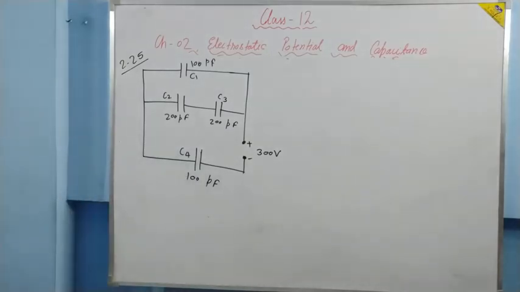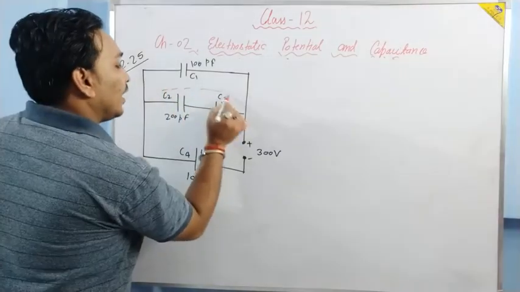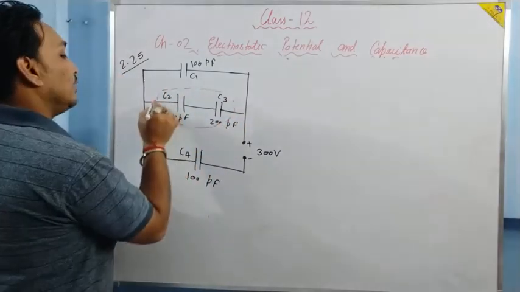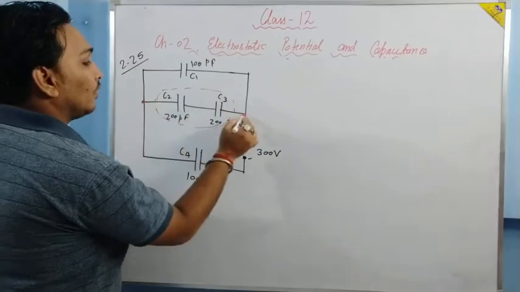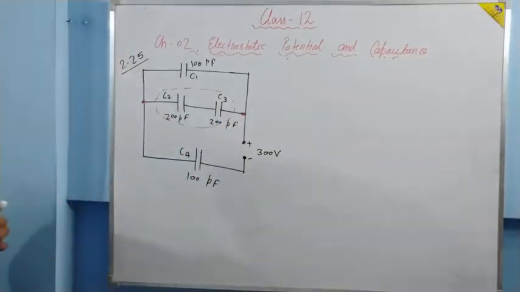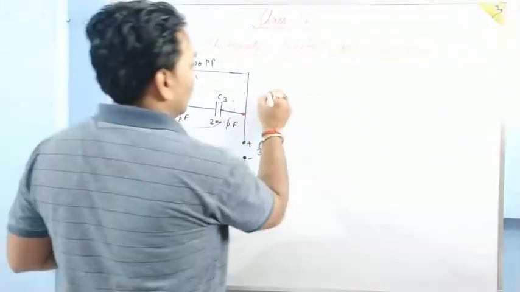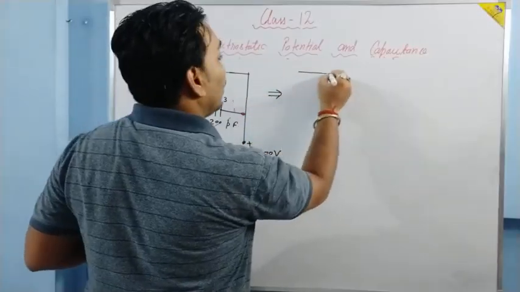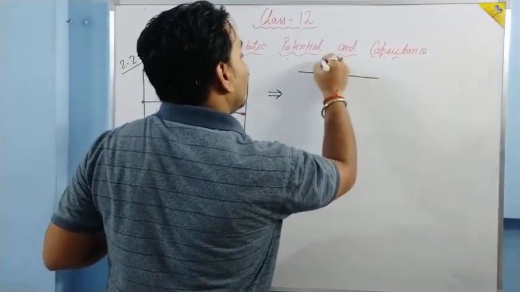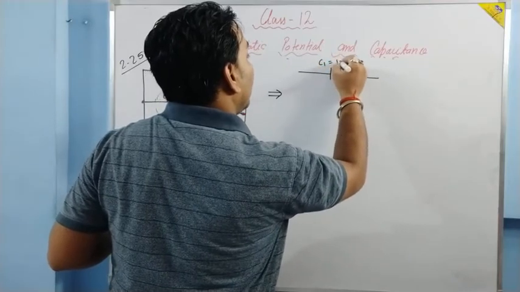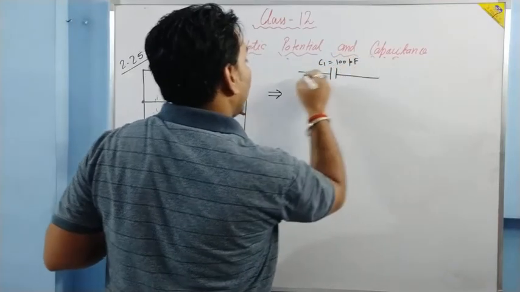One thing is very clear in this question: these two capacitors are in series combination. So let us reduce this one first. We have capacitance C1 of 100 picofarad.